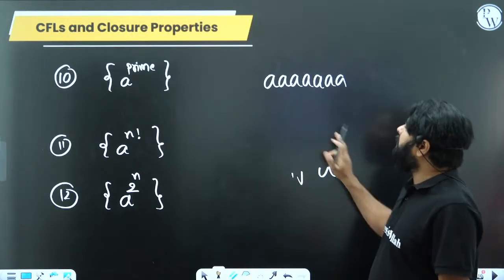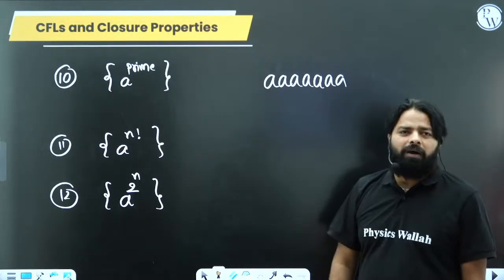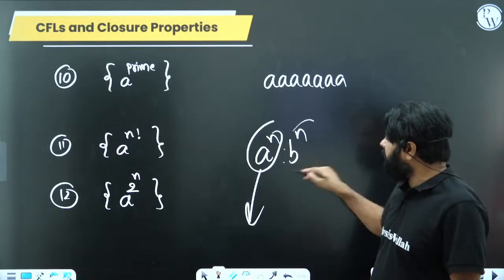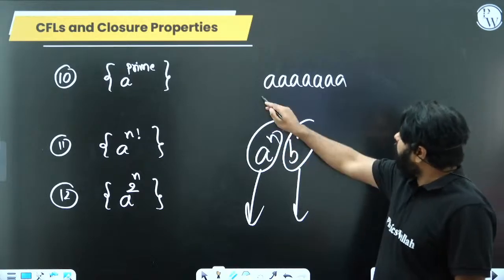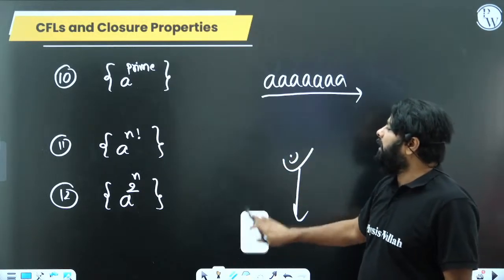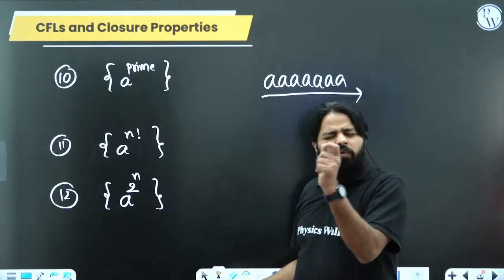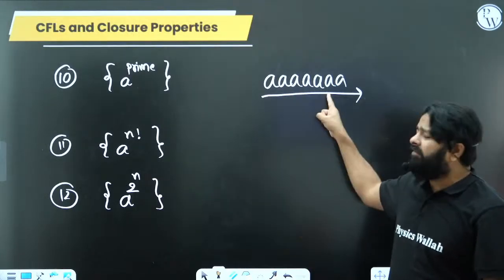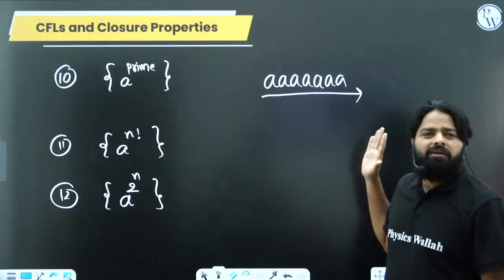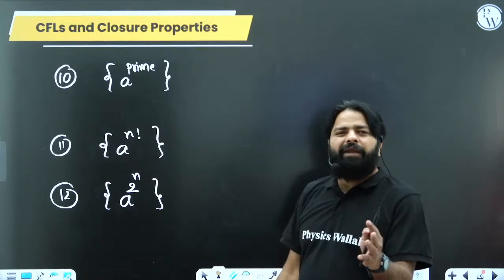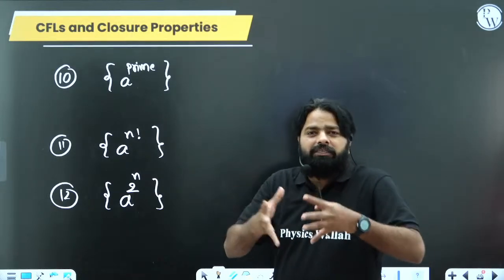Now only A's are coming. Tell me when to push and when to pop. At least you should have 2 different symbols, so one symbol you can push, the other symbol you can pop. Here only one symbol comes, so you will not understand. There is no use of the stack. If the language and the string have only one symbol, there is no use of the stack. When there is no use of the stack, finite automata and PDA will be equivalent.